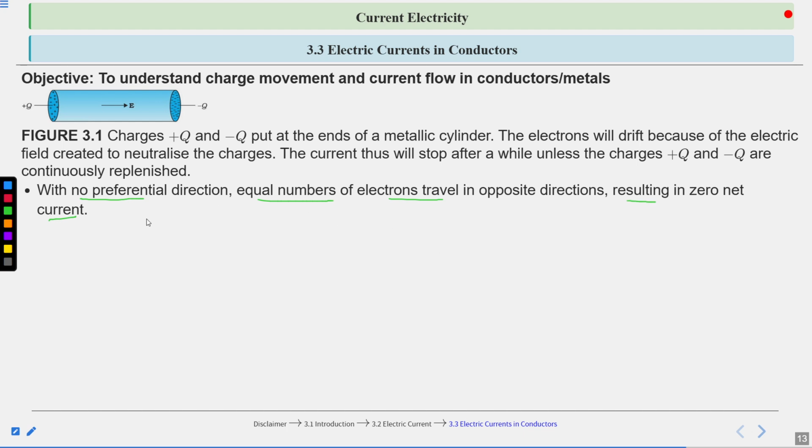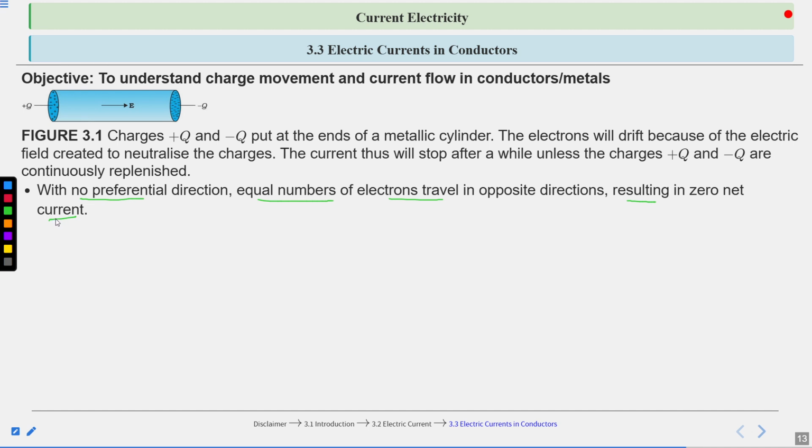The current due to the forward movement of electrons is equal and opposite to the current produced by the backward movement of electrons. So the net current in the conductor will be zero in the absence of an external electric field.